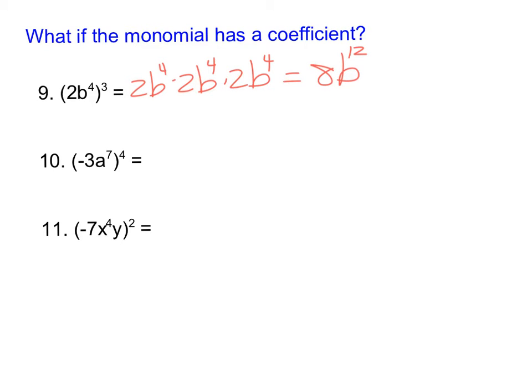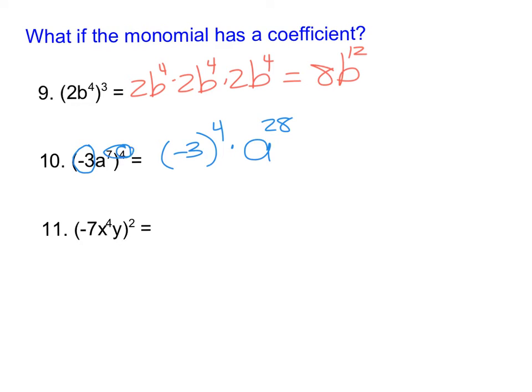Now, if you don't want to do that, you don't have to. What you can do, and now here's the issue. A lot of kids forget to raise the coefficient to the power. So it's -3 to the 4th and then a to the 28th.